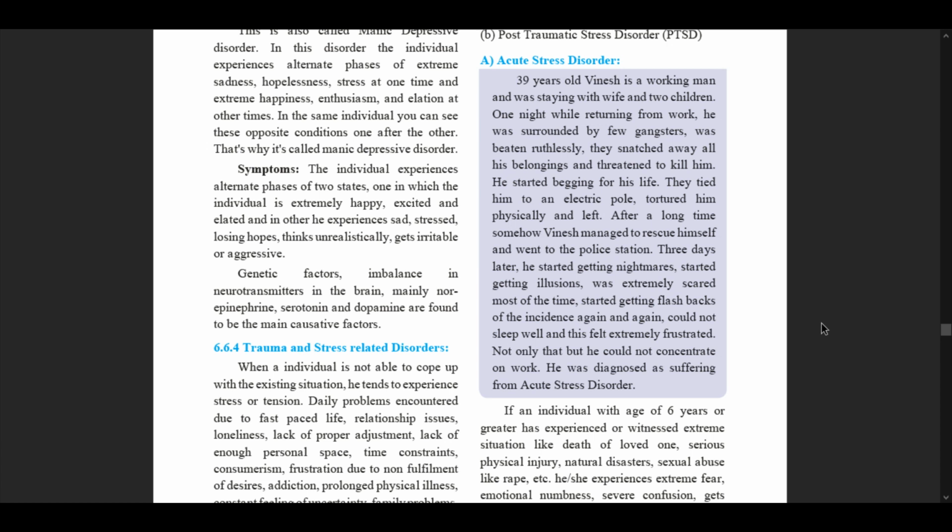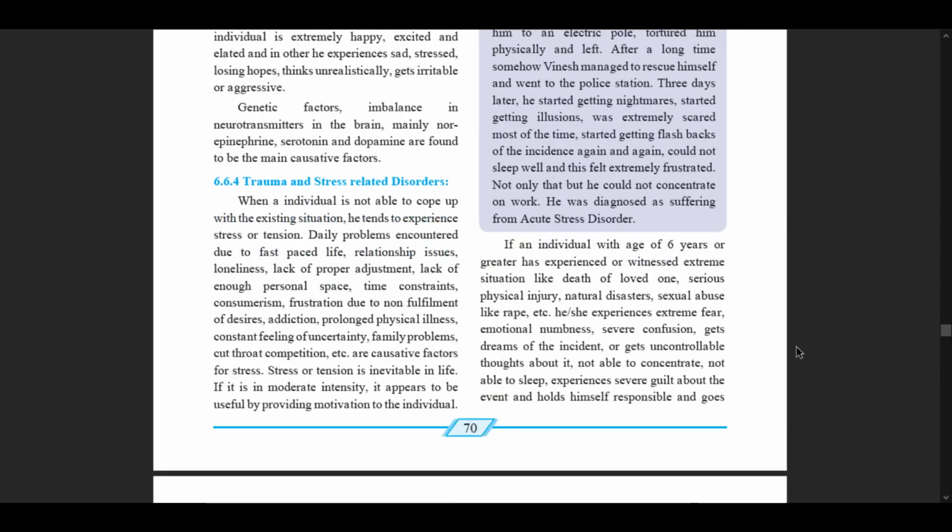So we move forward to the explanation given to us for acute stress disorder.